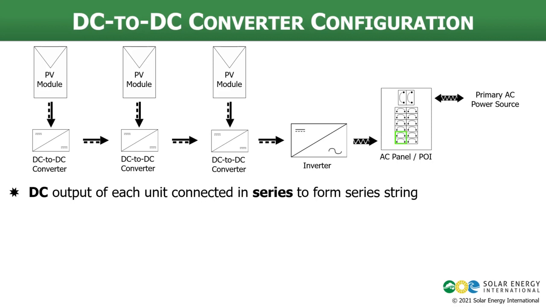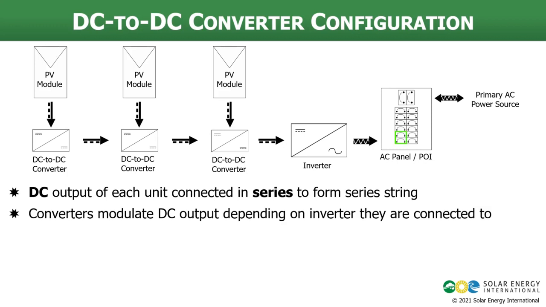They also require an additional inverter to actually make the system function. So whereas microinverters are the inverters themselves, DC converters are units that will connect in series to form a series string that you then connect to its inverter. What we see here is that these kind of converters modulate DC output depending on the inverter that they're connected to.